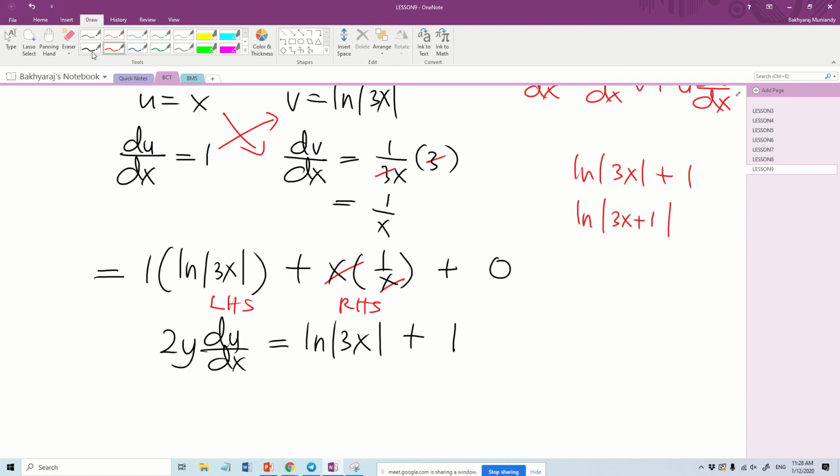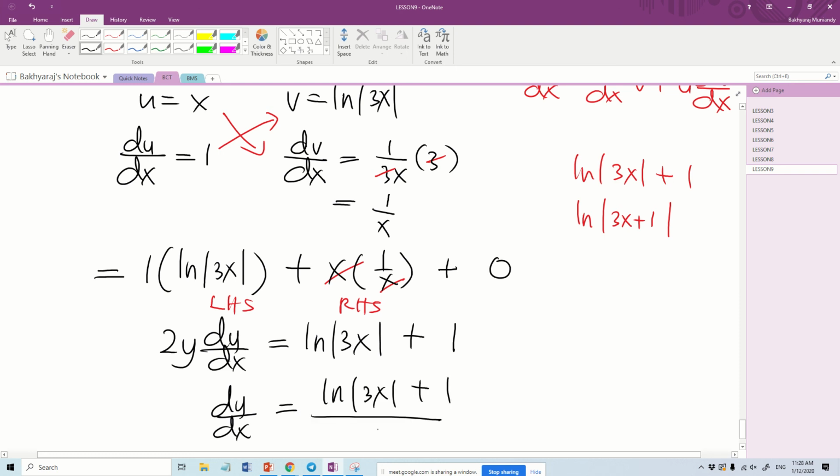So dy dx will be equal what? Correct. Betul. Log 3x plus 1 over 2y. Okay, kita akan dapat log 3x plus 1 over 2y.